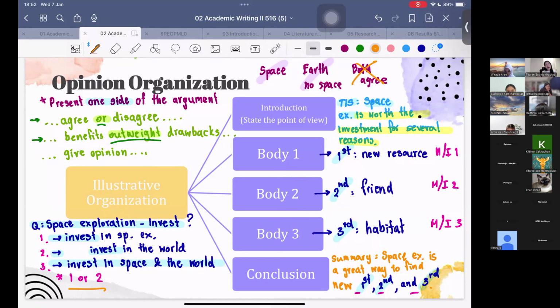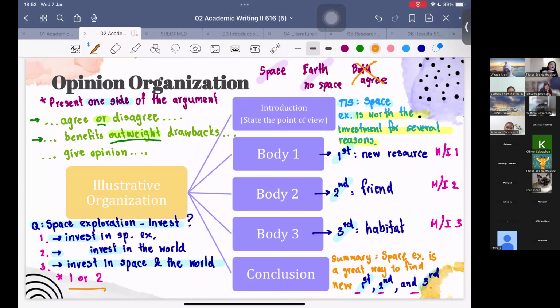And if that happens, it's going to make your writing as a whole look like you do not have a proper position, which is why, if the question asks agree or disagree, or whether the benefit is more than the drawback, pick a side, take a position.